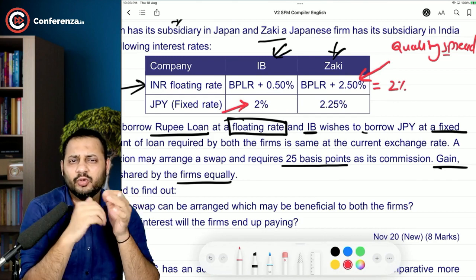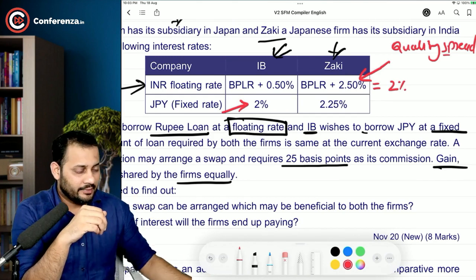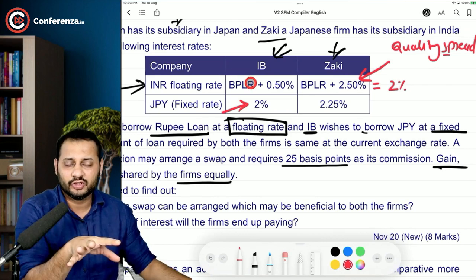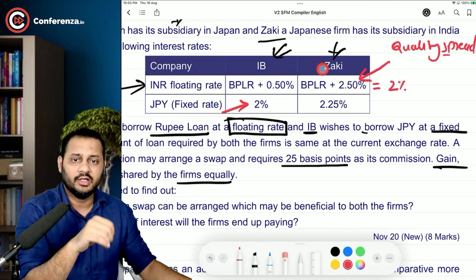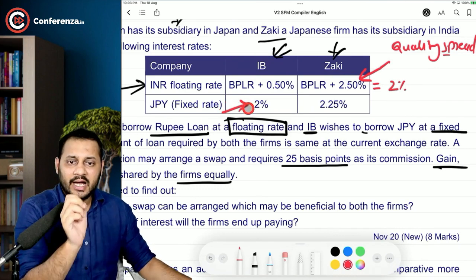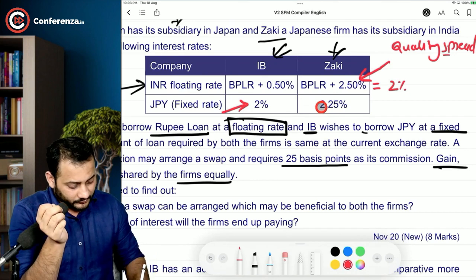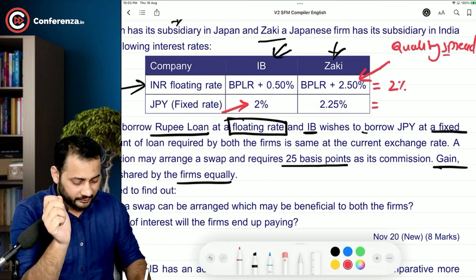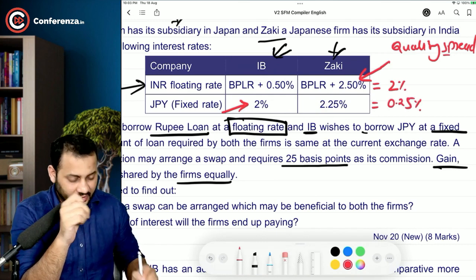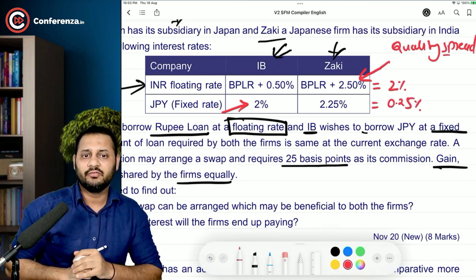It's because of more or less the credit rating. IB's credit rating might be good, and that's why the bank is charging less to IB for the floating rate than Zaki. But when you consider the fixed rate, the difference between IB's fixed rate and Zaki's fixed rate is only 0.25%. Can I say that? 2 and 2.25.